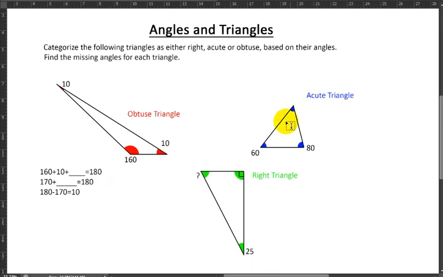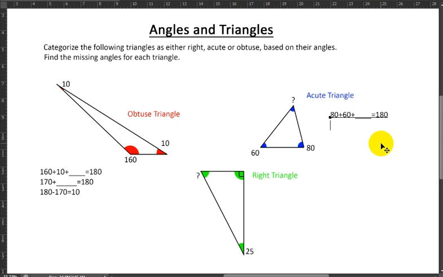Next up, we're going to do the acute one. The acute one is missing this top angle. We know that this one is 60 and this one is 80. We're missing the last one. So what we need here is to find 80 plus 60 plus what makes 180.